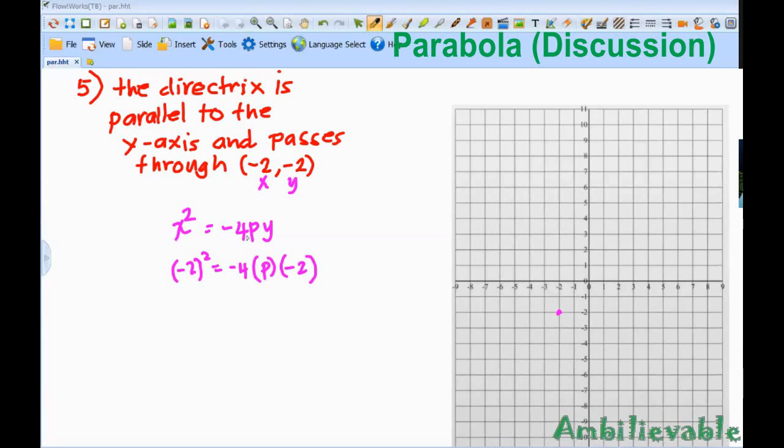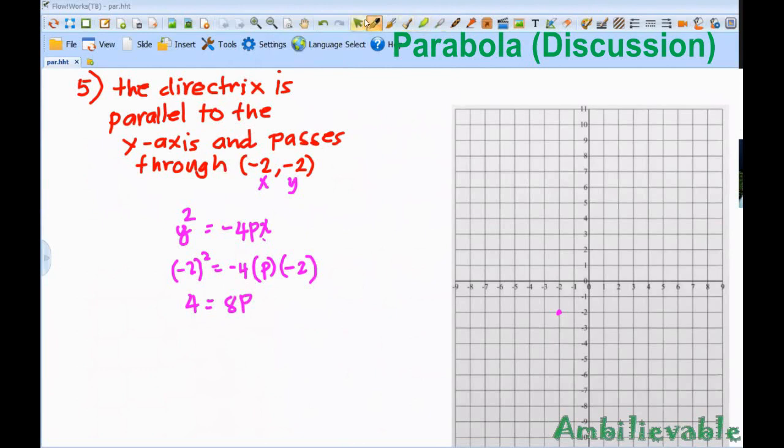X. Oh, sorry. Now we have this formula that we are sure the value is negative, right? So when it is negative, it is y squared equals 4px. So therefore we have 4 equals 8p.